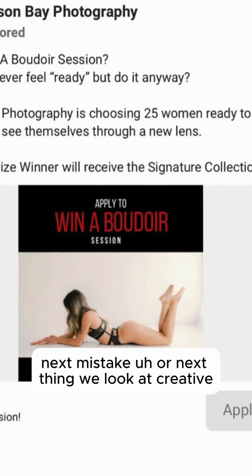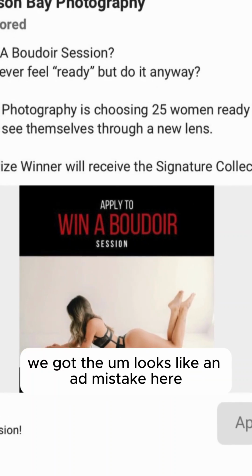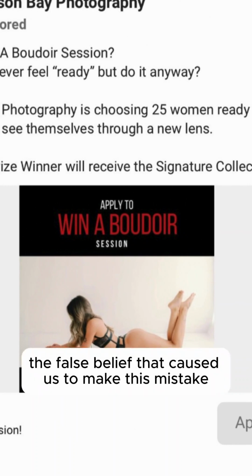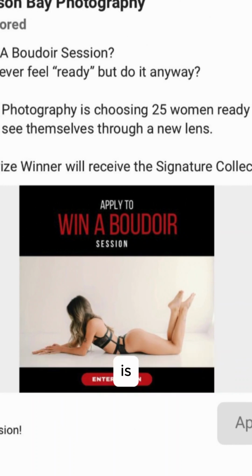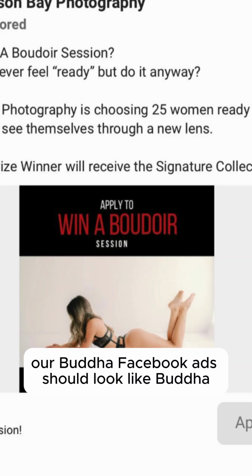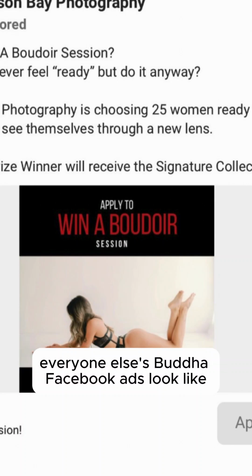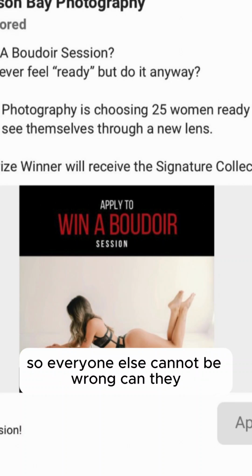Next mistake, or next thing we look at, creative. We got the looks like an ad mistake here. The false belief that caused us to make this mistake is that we actually believe our Boudoir Facebook ads should look like Boudoir Facebook ads because that's what everyone else's Boudoir Facebook ads look like, so everyone else cannot be wrong. Can they?